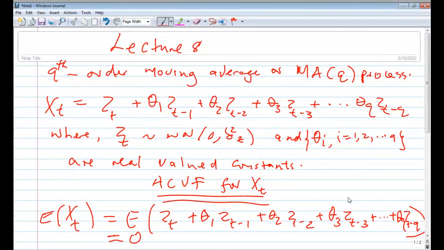The moving average of order Q is defined by the process XT, which is equal to ZT plus theta 1 ZT minus 1 plus theta 2 ZT minus 2 up to theta Q ZT minus Q, where ZT as usual is a white noise and theta I are real valued constants.